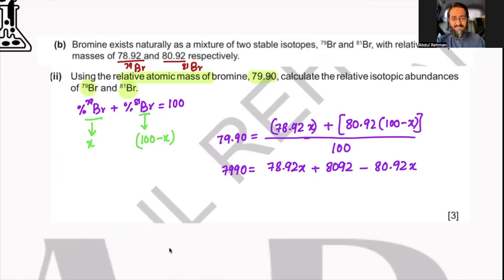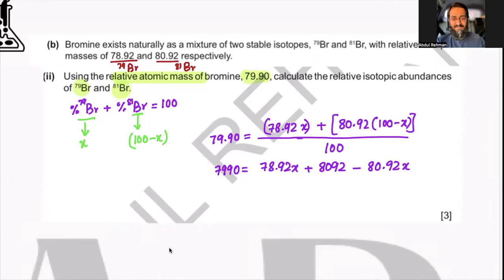If I move 80.92x and 78.92x, it becomes 80.92x minus 78.92x is equal to 8092 minus 7990. So over here, what I'm getting is 2x on the left side. Is it 2x, right?